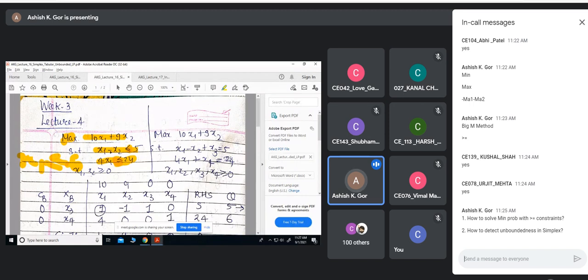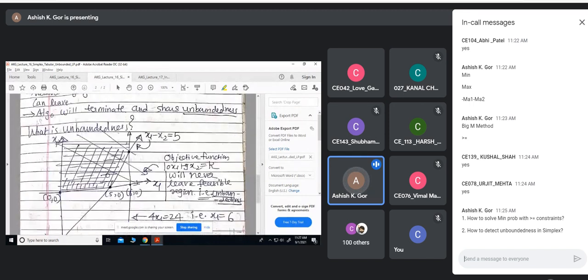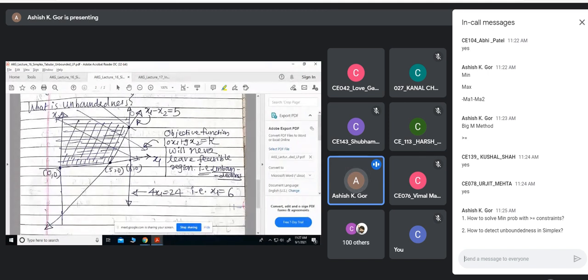That is also correct. Now, in the graphical method, x1 equal to 6 is a vertical line in the x1, x2 plane. And x1 minus x2 equal to 5 is this line, which passes through (5, 0) and (0, -5).